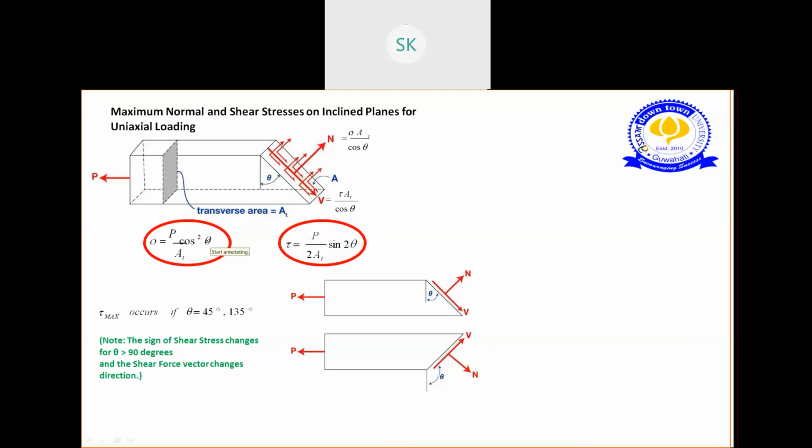Anyone idea when this value will be maximum? Before that, just tell me what it will depend on to be maximum. This is sigma. What will affect its maximum value? Respond.